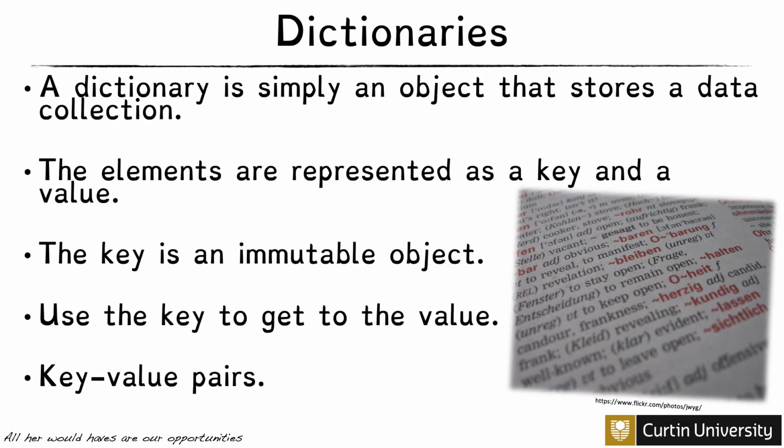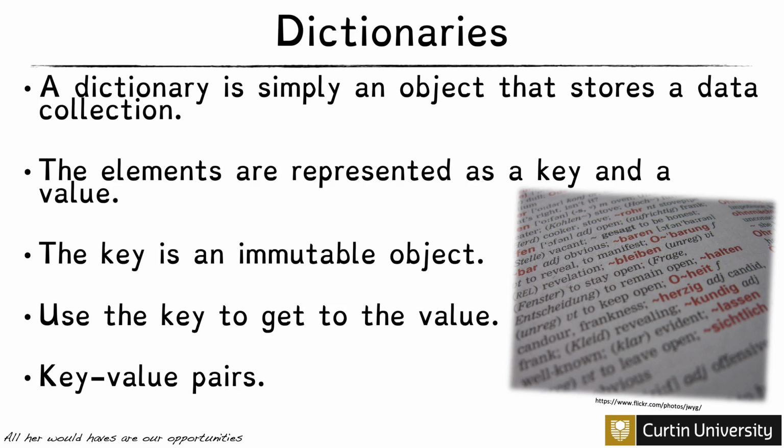So a quick look. If you're not sure what dictionaries are, well, in Python, a dictionary is just an object that stores data. That's it. It's like a dictionary. There is a key and a value. We use our key to find the value, and we call them key-value pairs.